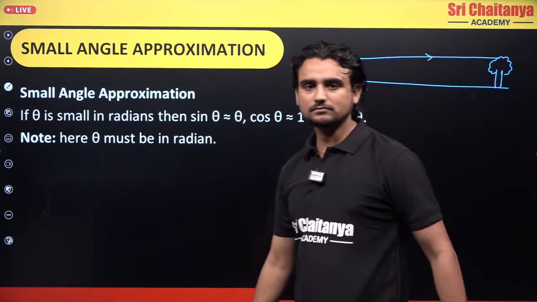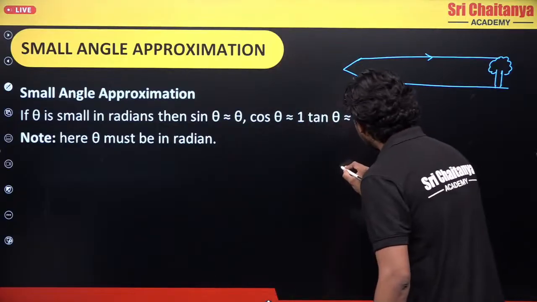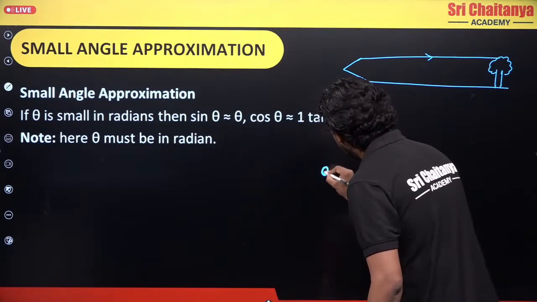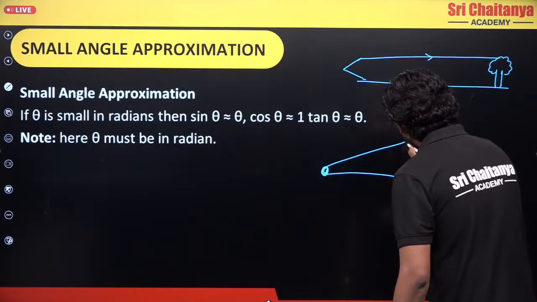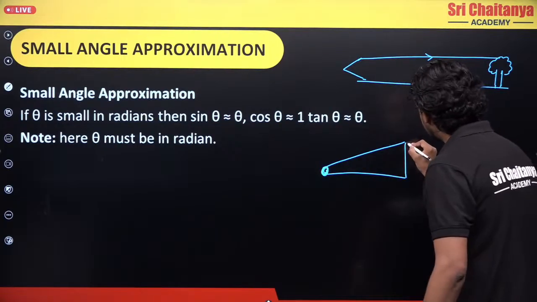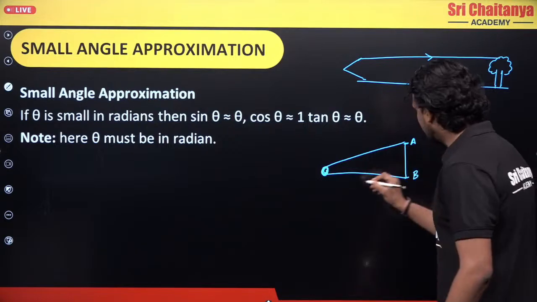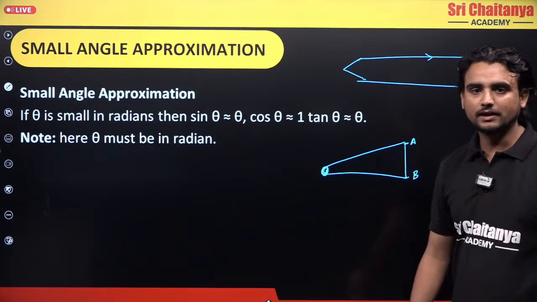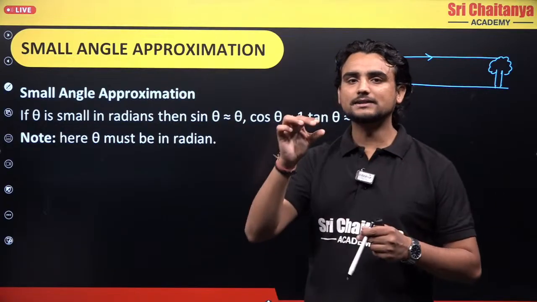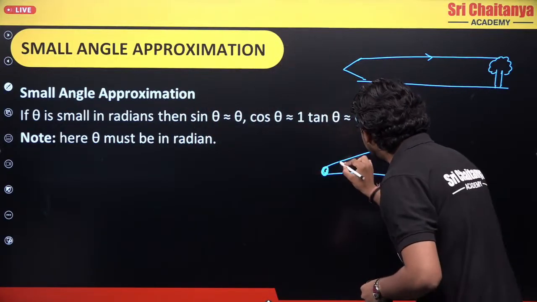Let's say this is the eye, and this is the object which I want to see. This is one end of the object and this is the other end of the object. Let's suppose the angle subtended by your eye on that object is theta.